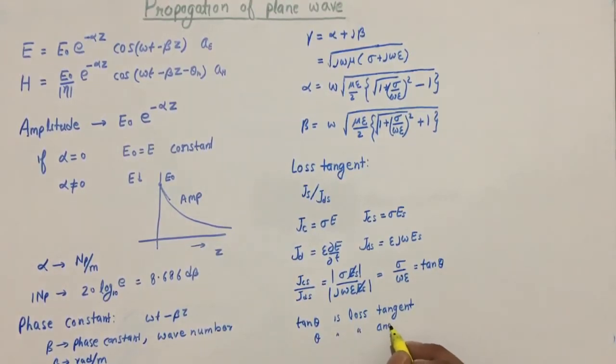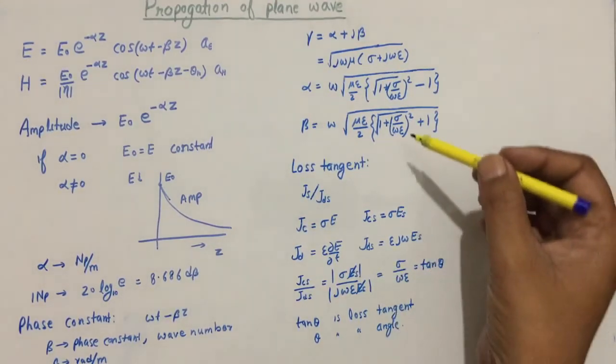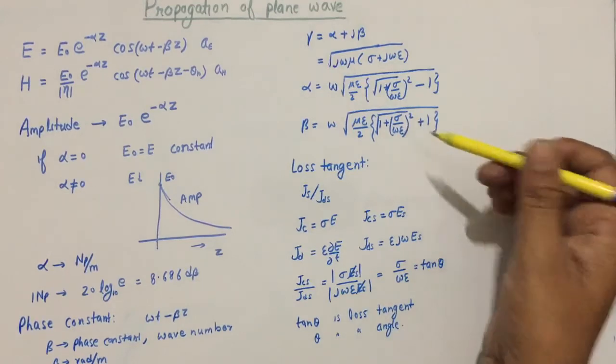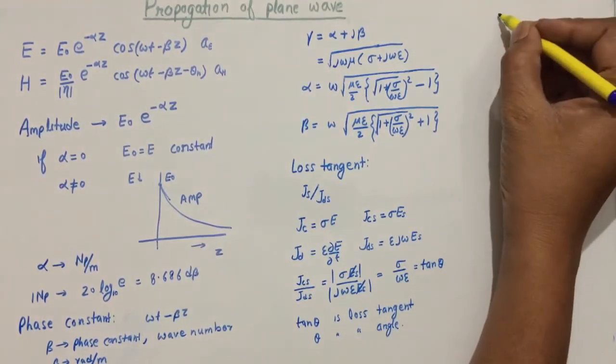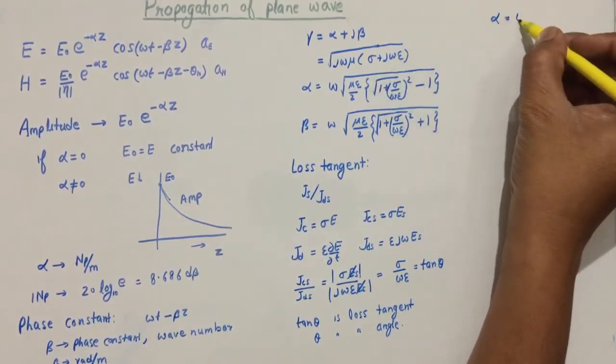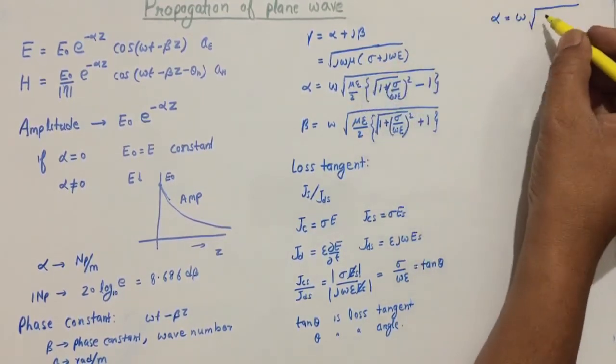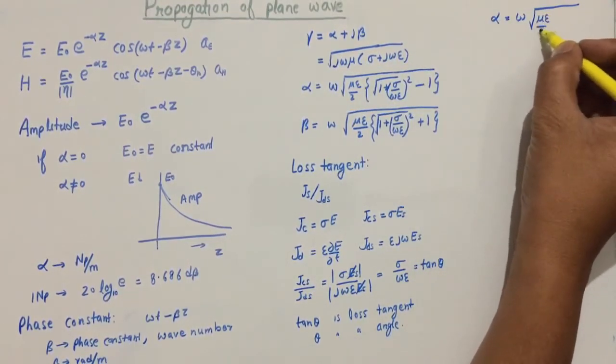Loss angle. Now put this tan theta in the alpha beta equation to simplify that. Then we can get alpha is equal to omega, and this term will remain as it is, square root of mu epsilon by 2.